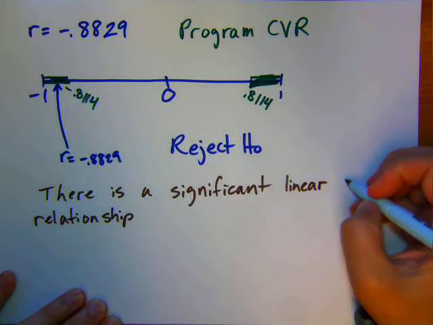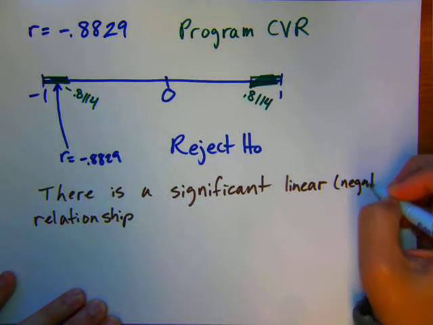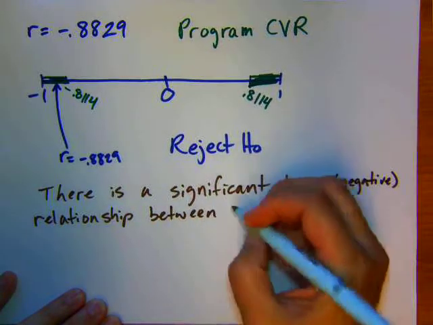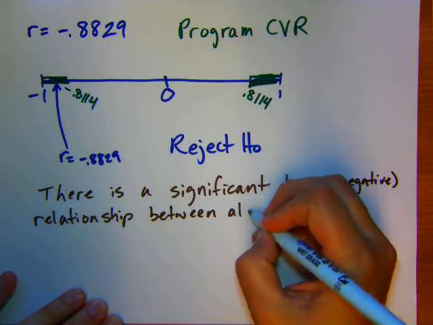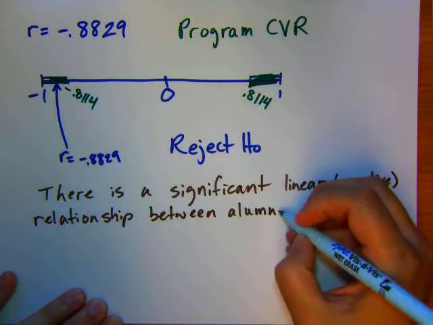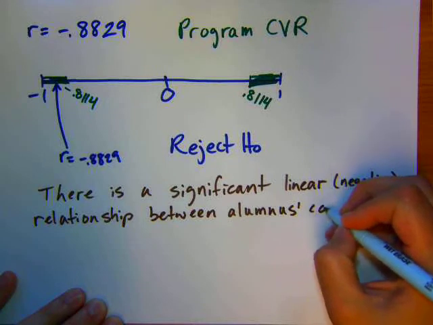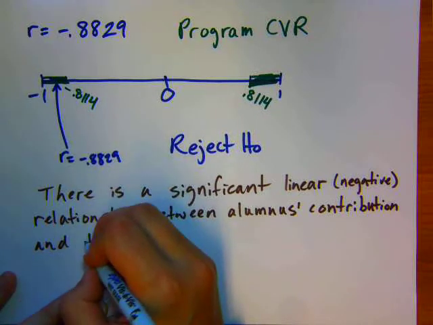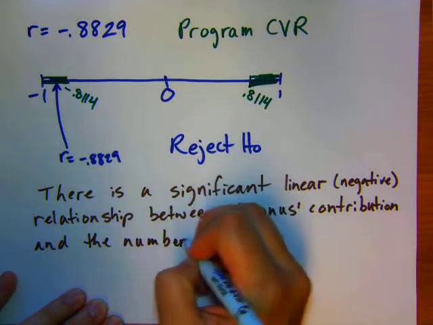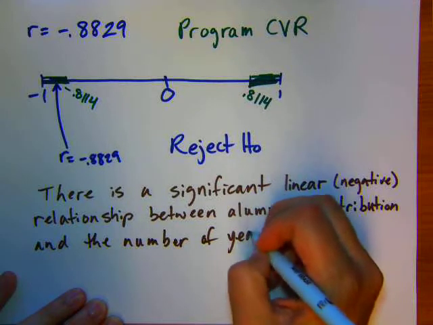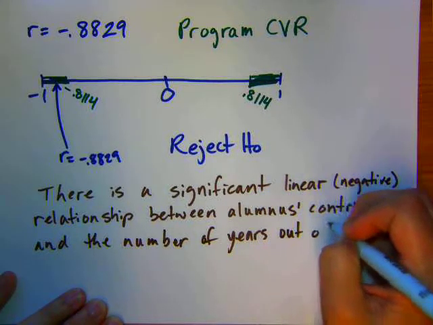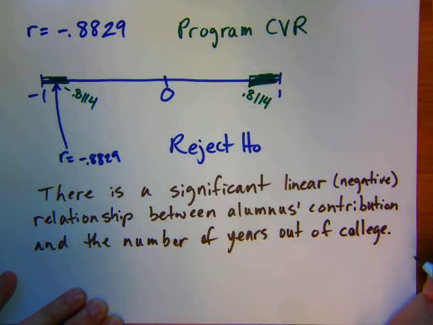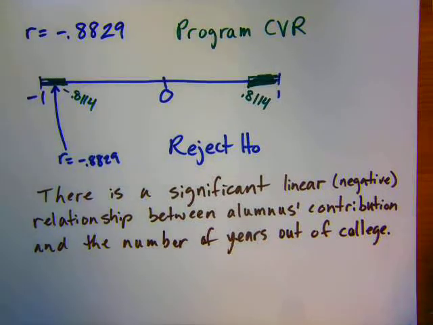And if you wanted to specifically, we're talking about a negative correlation, negative relationship between alumnus contribution and the number of years out of college. It tends to look like the more years an alumni is out of college, the less amount of money that they're going to give back to the college.